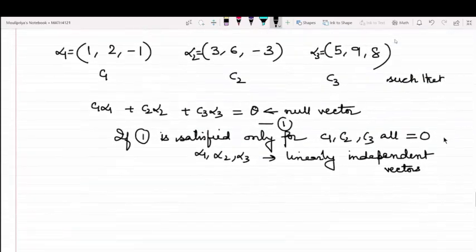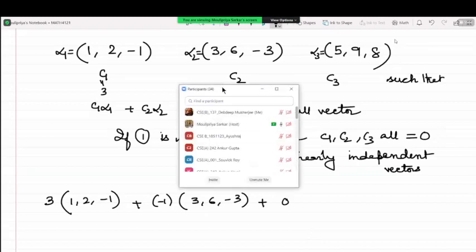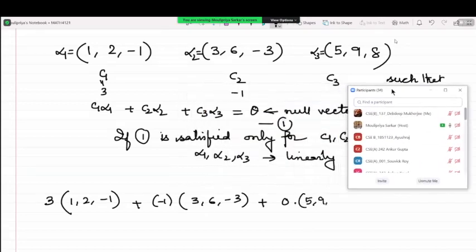For example, if I consider C1 to be 3 and C2 to be minus 1, we are getting 3 into 1, 2, minus 1 plus minus 1 into 3, 6, minus 3, plus say 0 into 5, 9, 8.